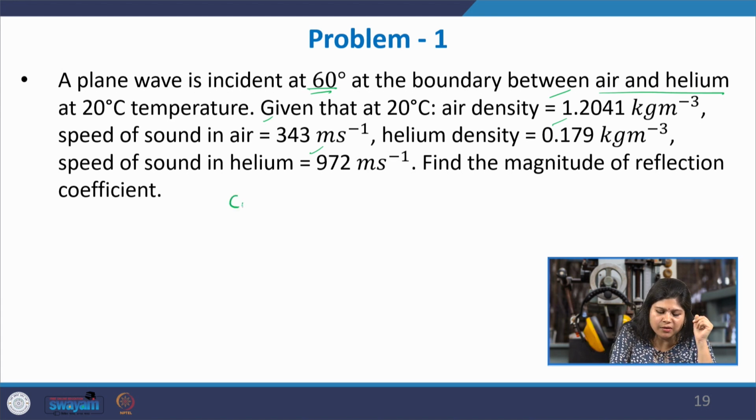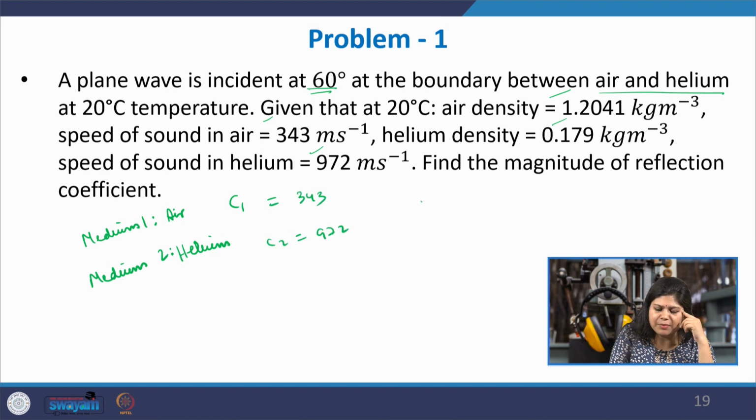Here, our medium 1 is air, medium 2 is helium. So, C1 here is 343, C2 is 972. So, what is happening here? C1 is coming out to be smaller than C2.